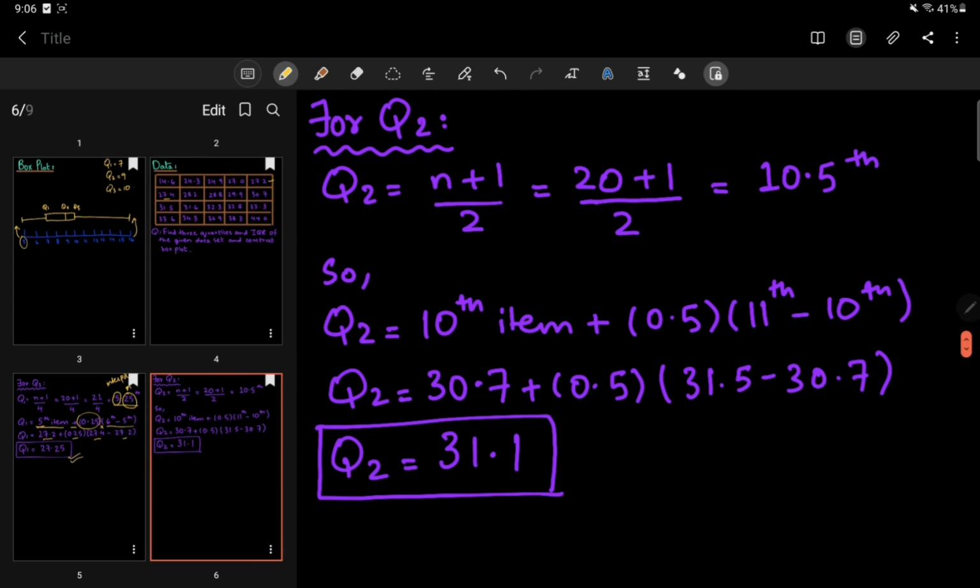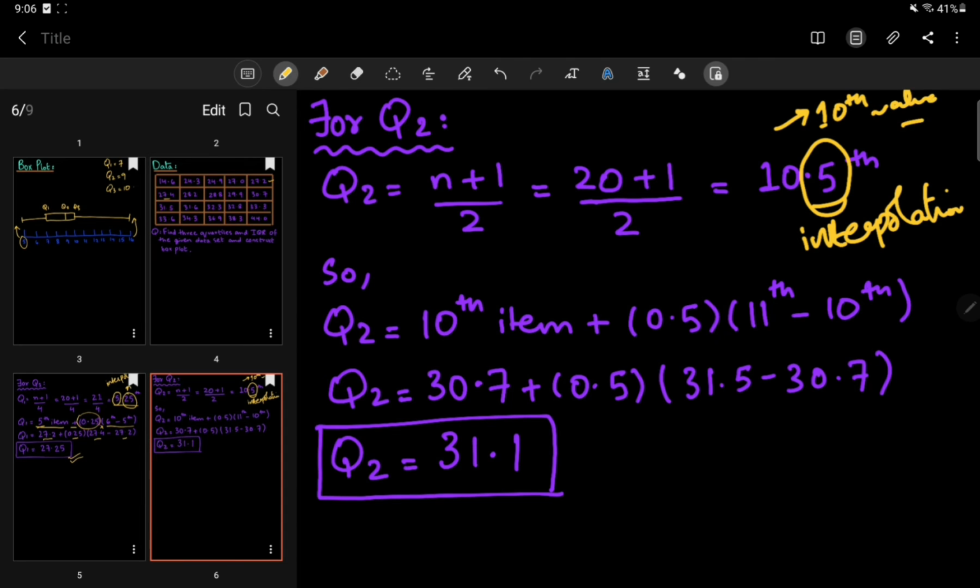Same here, we will do the same as we have done for quartile 1. Quartile 2 is easy to calculate. We just have to use interpolation here because we are having the answer in decimal. If we don't have the answer in decimal, like if we have just the 10th value, then we will just directly write the answer.